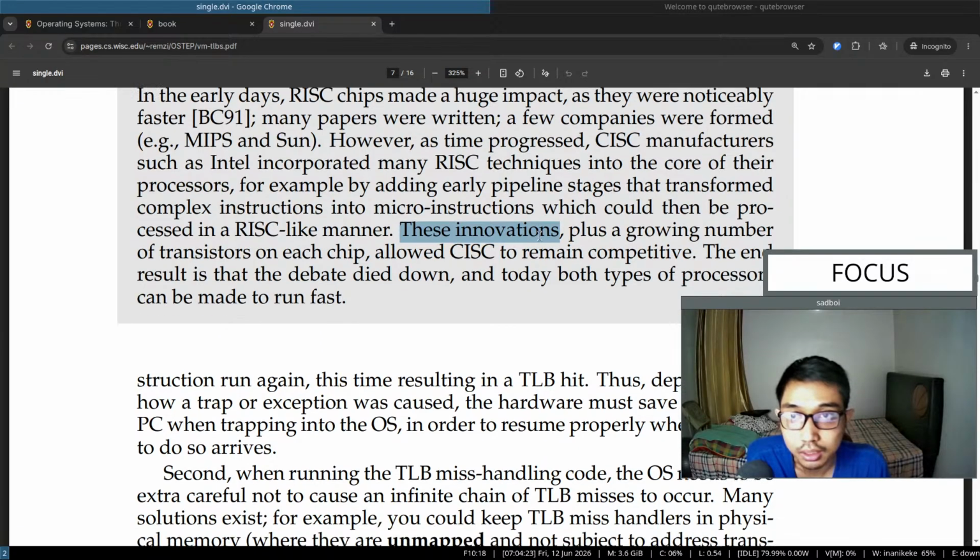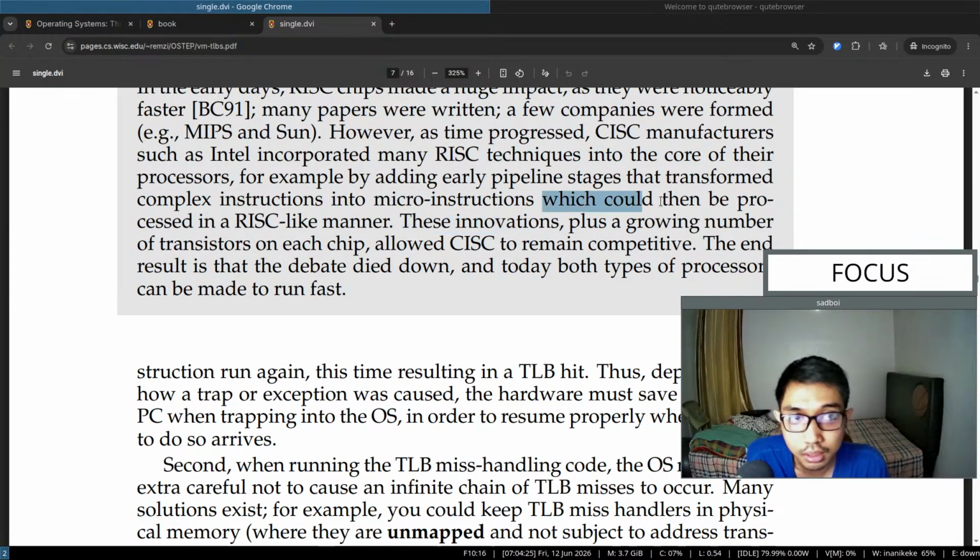Okay, which could then be processed in a RISC-like manner. This innovation, plus a growing number of transistors on each chip, allowed CISC to remain competitive.